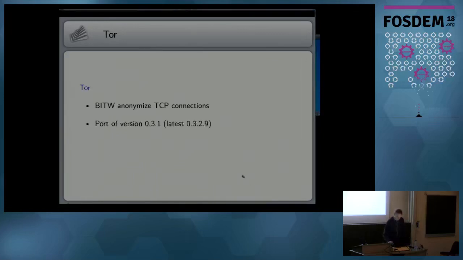And we had a port, I think 2 years ago or so, of an earlier version, like 0.2.4 or so. And we are not so far away from the latest version, but this is currently merely experimental.